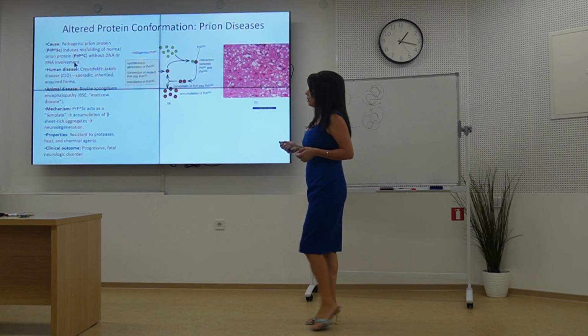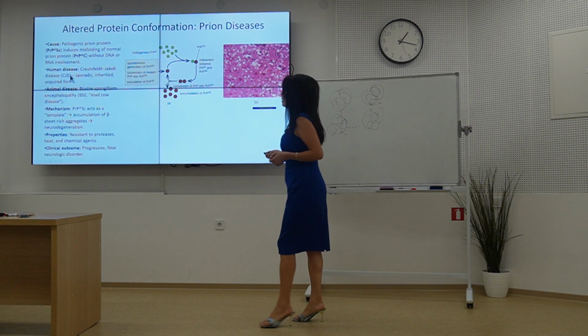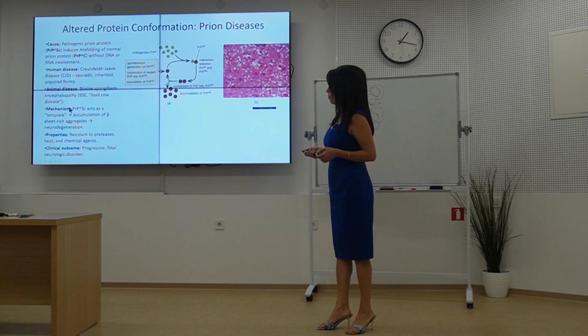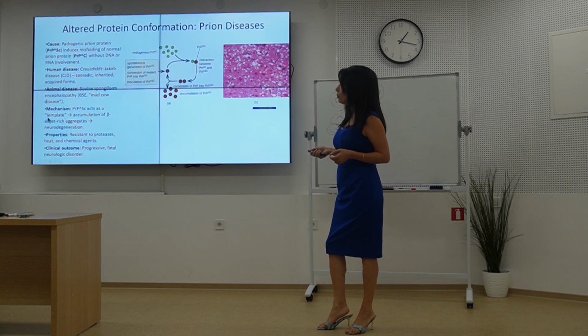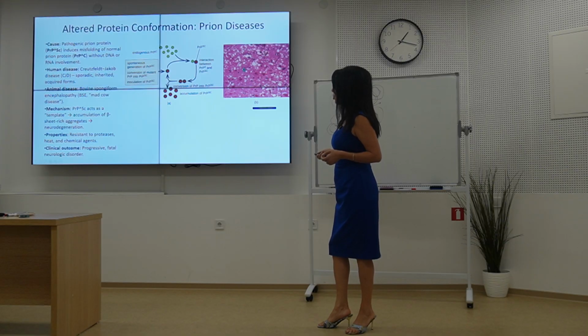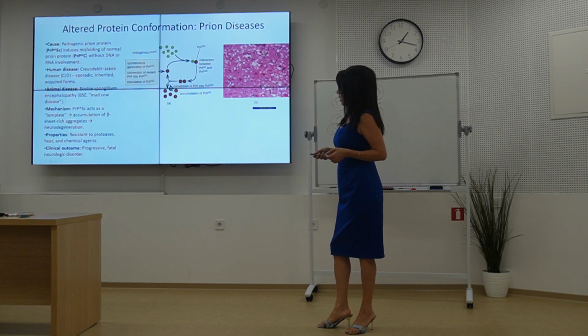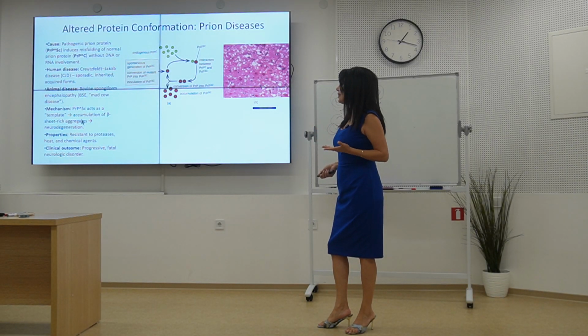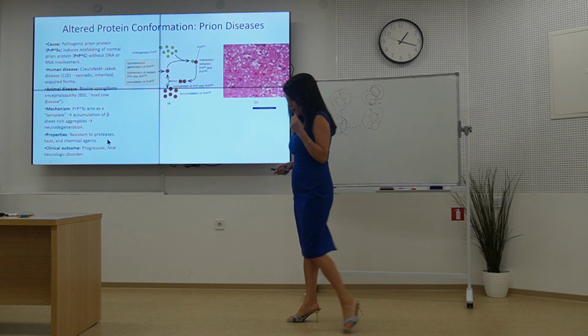The mechanism is that this pathogenic prion protein acts as a template, and there will be accumulation of beta sheet-rich aggregates, and after that neurodegeneration will occur. As for the properties, these aggregates are resistant to proteases.